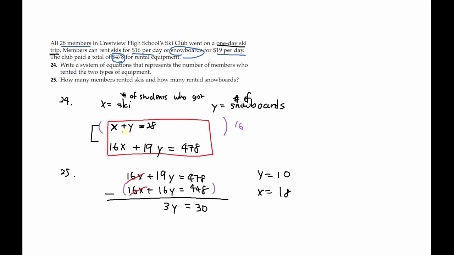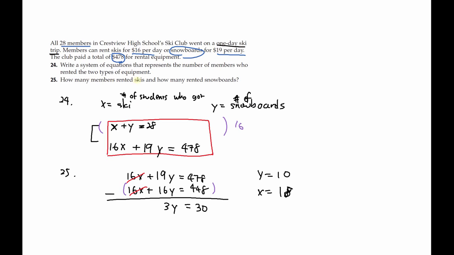Use the first equation to find the other variable because it's easier than this bottom equation. So I got the answer, but some teachers probably won't like that. You probably want to answer this in a sentence.